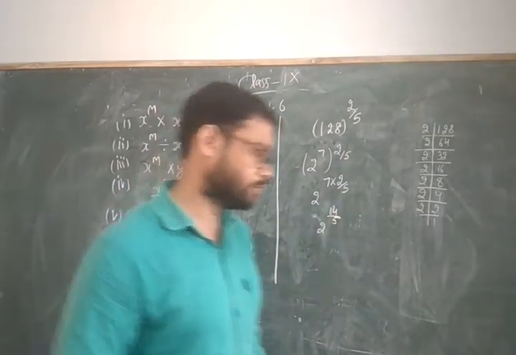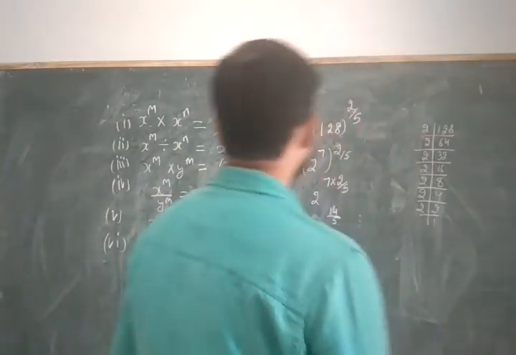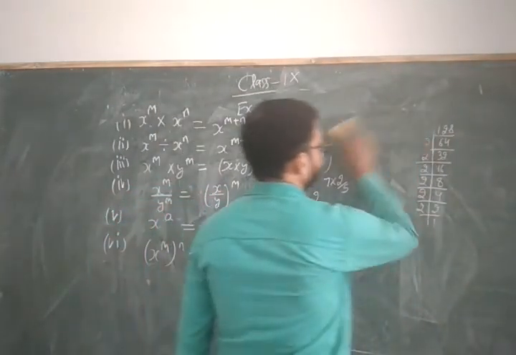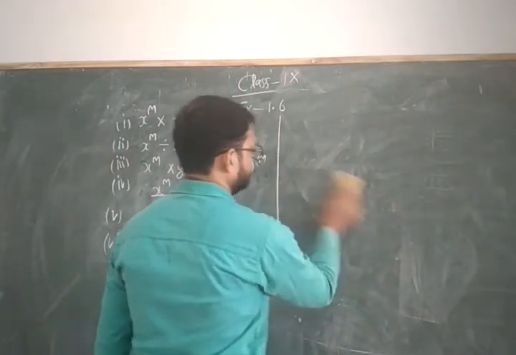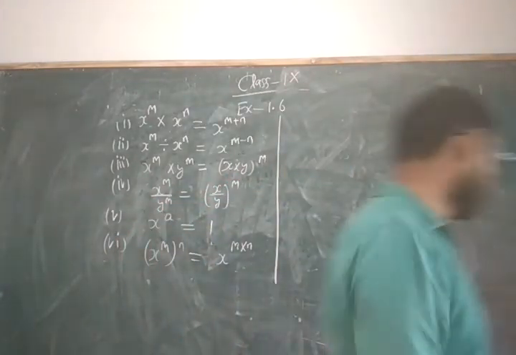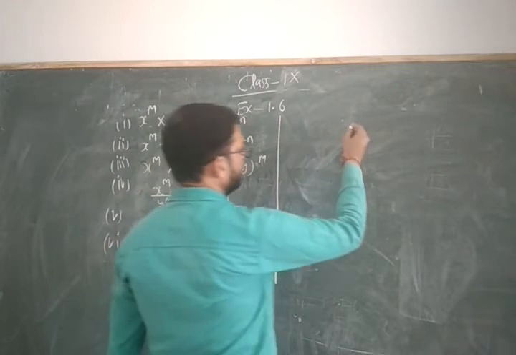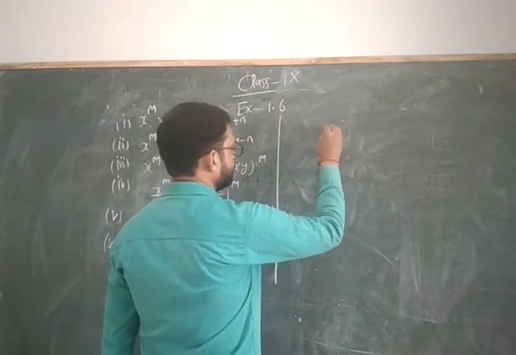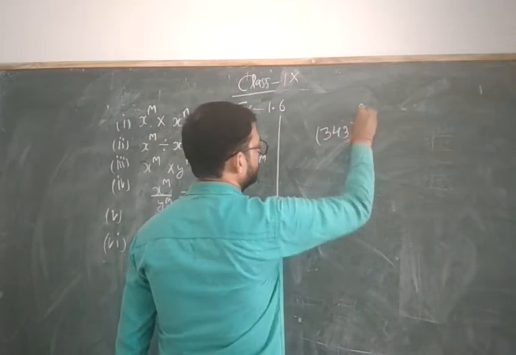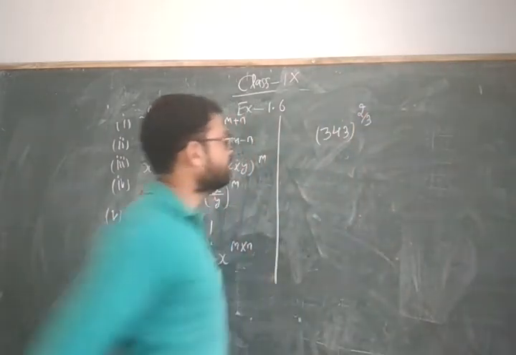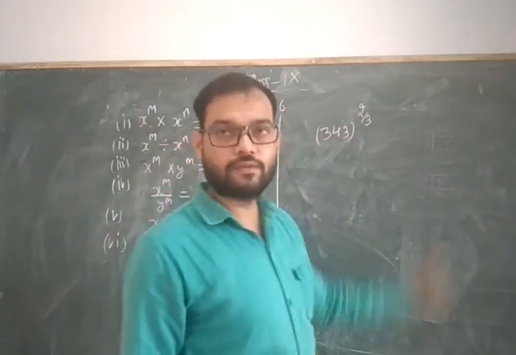Okay, let's see one more example. If I have 343 raised to power 2 upon 3, now I have 343 raised to power 2 upon 3.